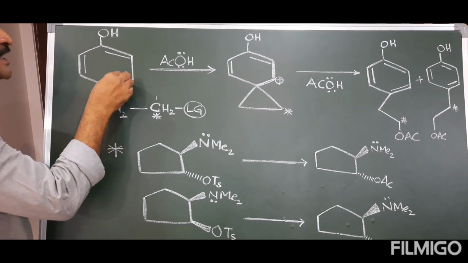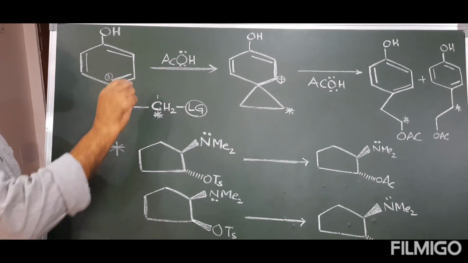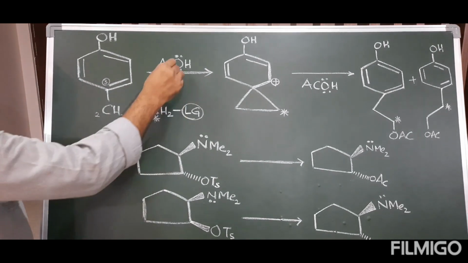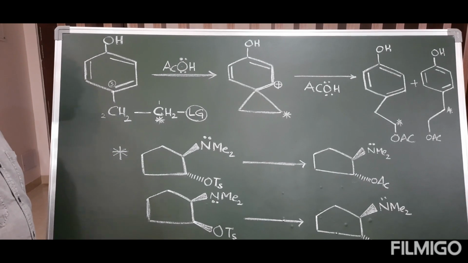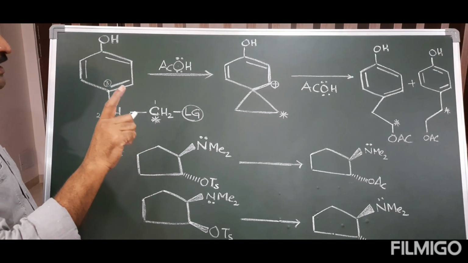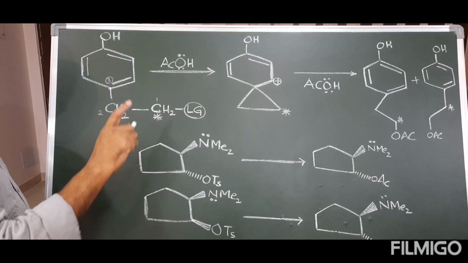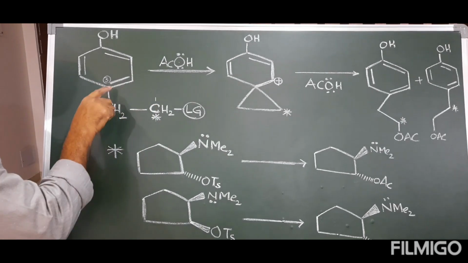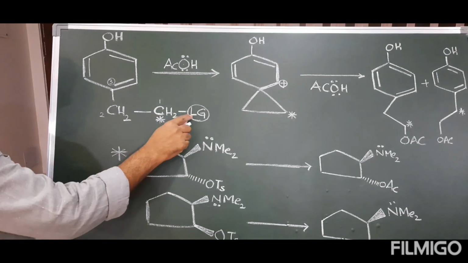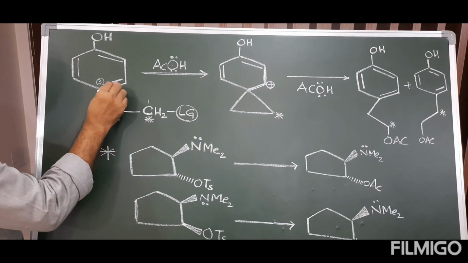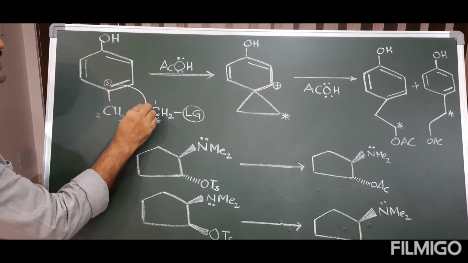Here this pi bonded electron density itself is a nucleophilic electron density; this is the external nucleophile, this is the internal nucleophile. Wherever the internal nucleophile is available, as in our previous discussion, it will attack the carbon containing the leaving group from the backside. So it starts to attack from the backside.